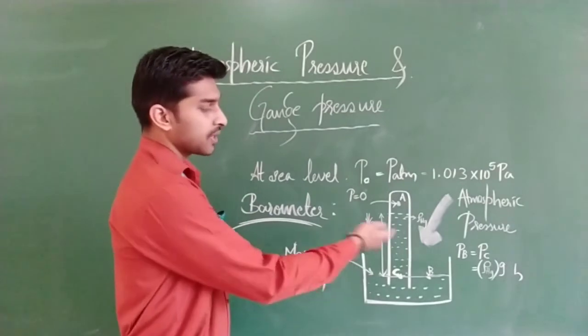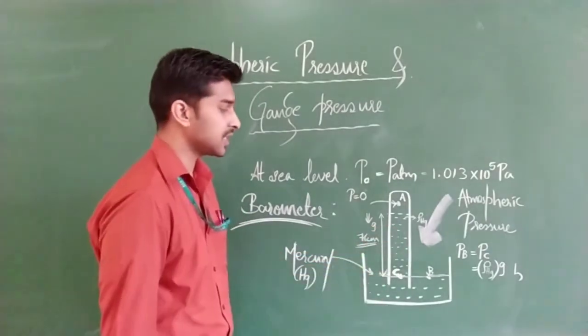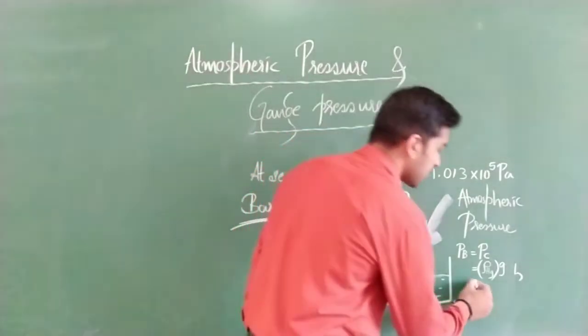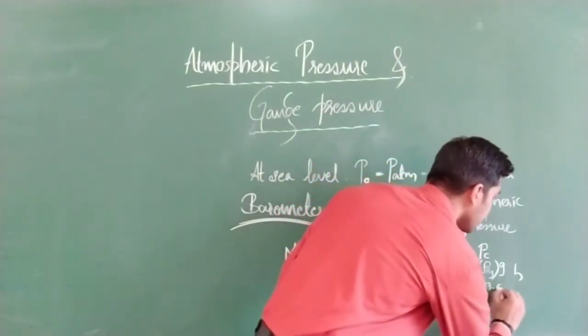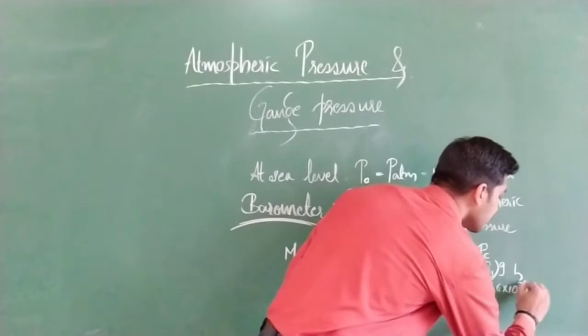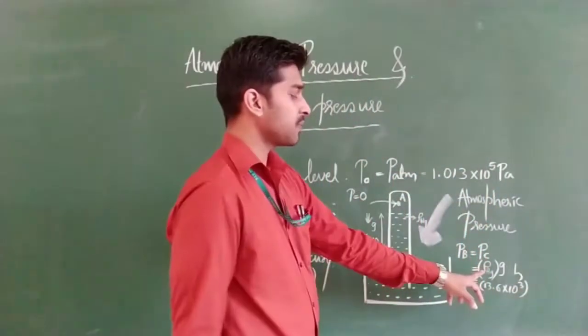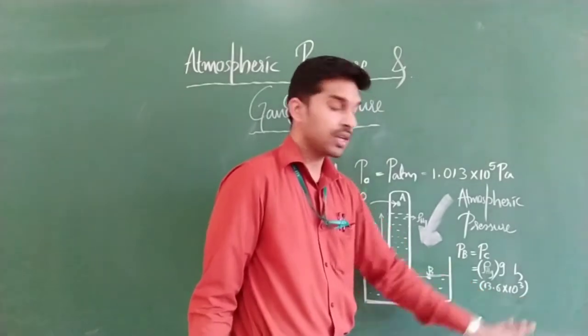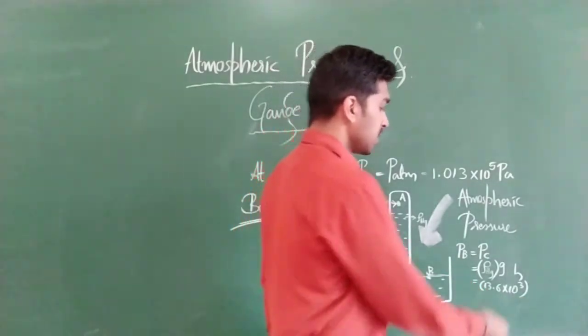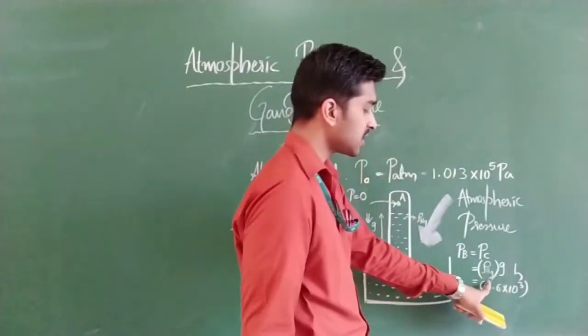Whatever it may be, calculate it in our SI system. So density of mercury is nothing but 13.6 into 10 to the power of 3. You should remember this. In some problems they will mention this value, 13.6 into 10 to the power of 3, and in some problems they will not mention it. So that's why, density of mercury is a standard value.